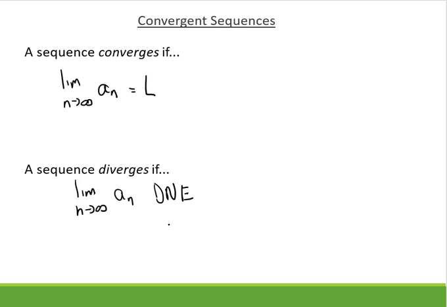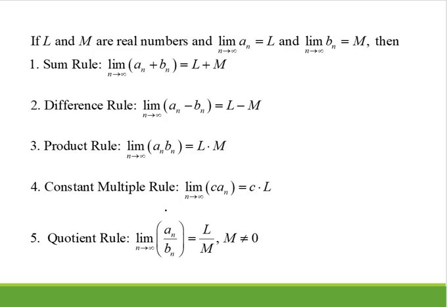Okay, so let's look at some examples. Oh, I apologize, and there are some rules here. You may want to pause the video and write them down, but I feel like the rules are fairly self-explanatory.